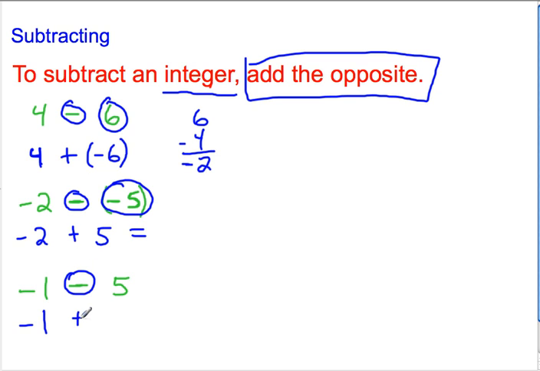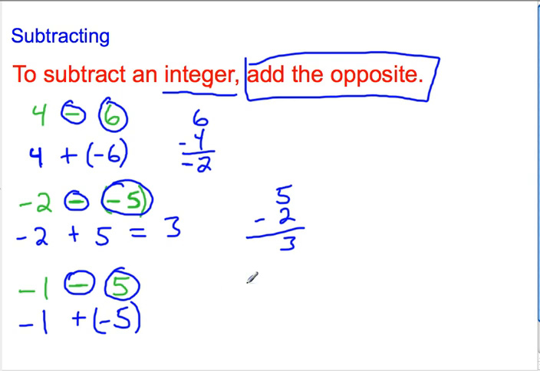This changes to addition, and we take the opposite of 5. So now we have negative 5. So going back, now we have negative 2 plus 5. Since we're adding things with different signs, we actually subtract them. So 5 minus 2 is 3. And the biggest number was positive, so the answer will be positive.